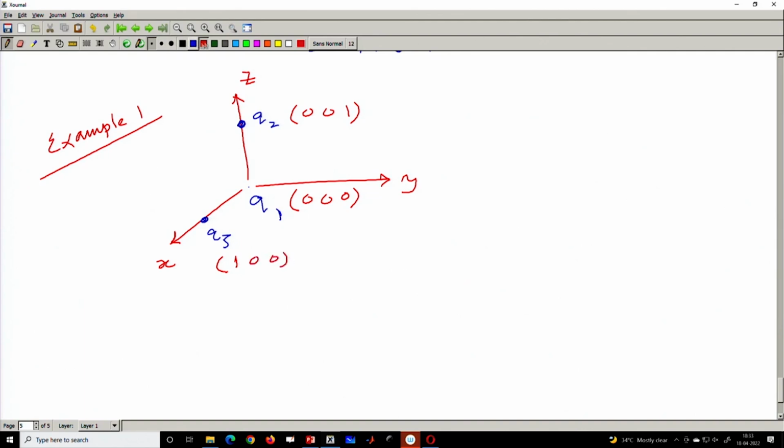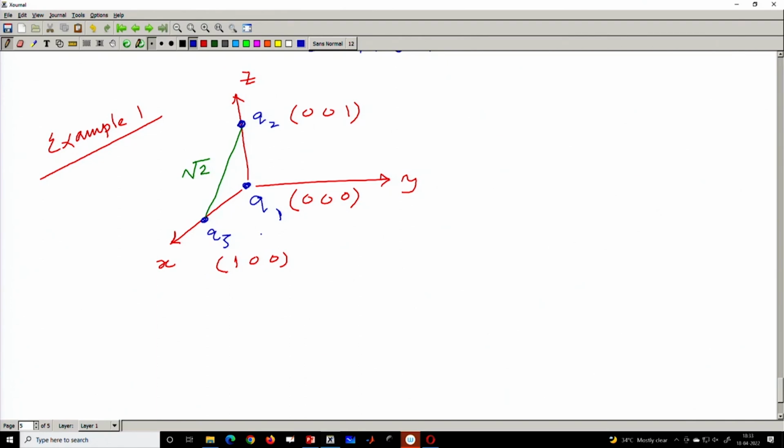The distance between these two points I can calculate easily, which we may require, and that is root over of 2.